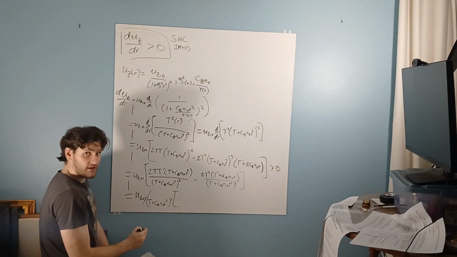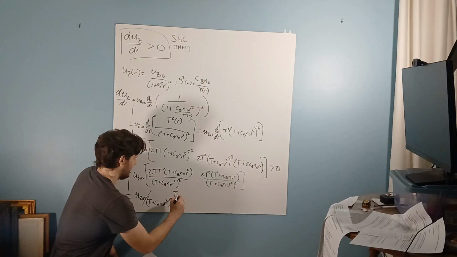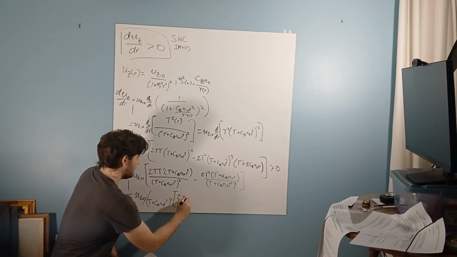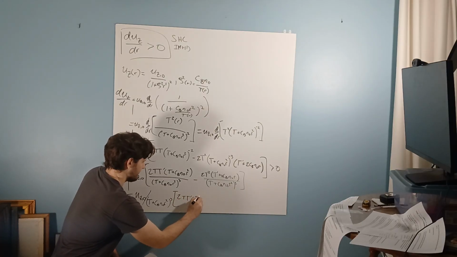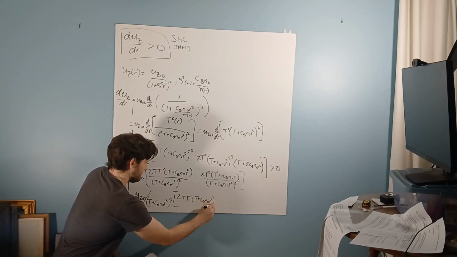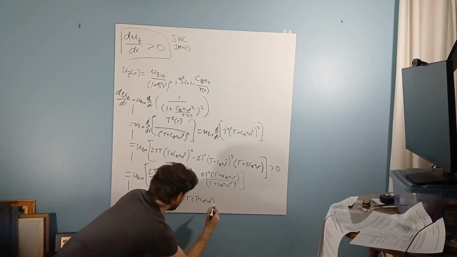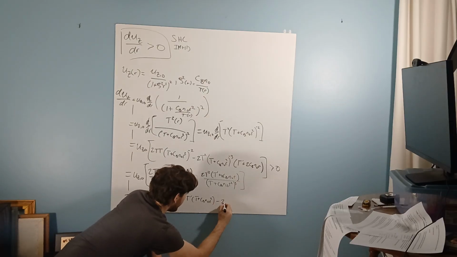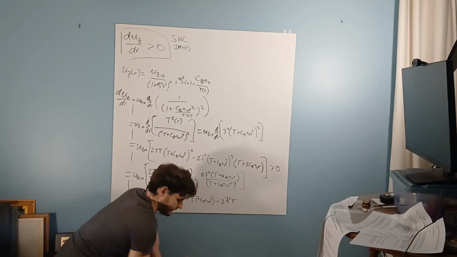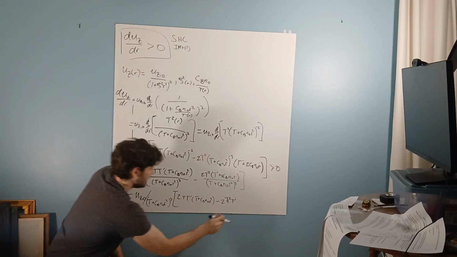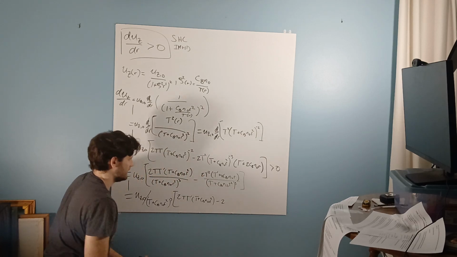And then what we have inside is just what's left in the numerator. All right, and that is, oh goodness, I'm running out of space. I also write pretty big.